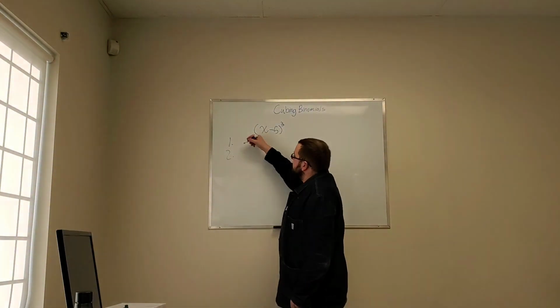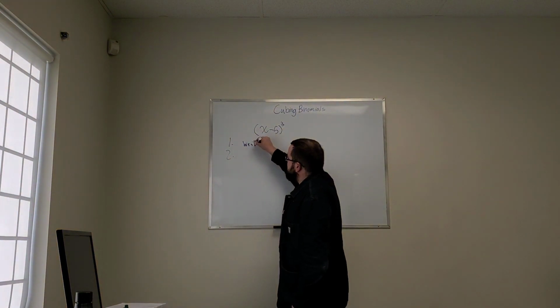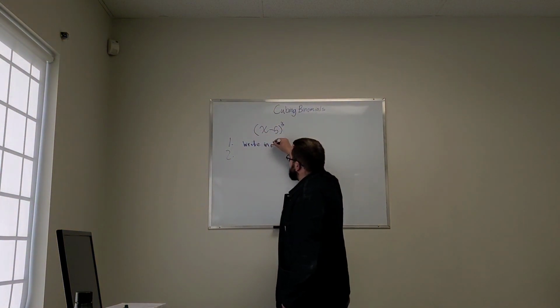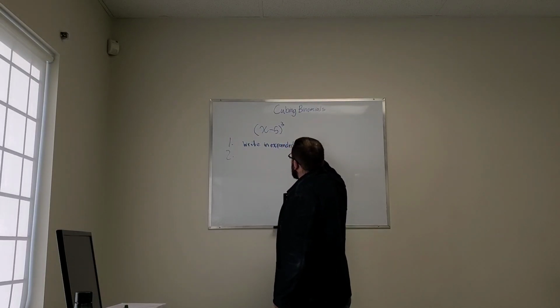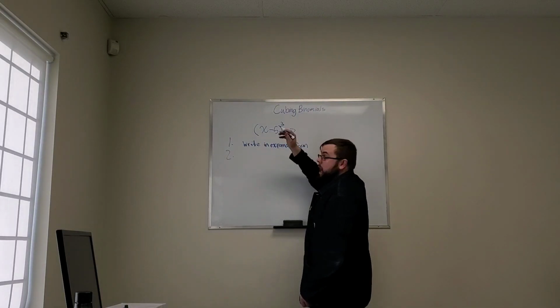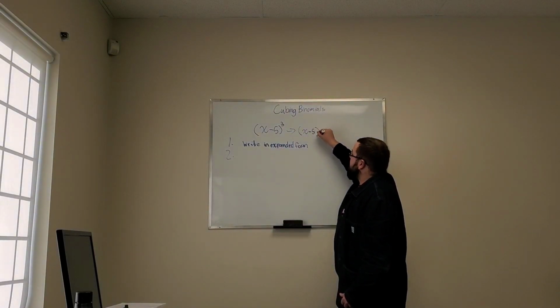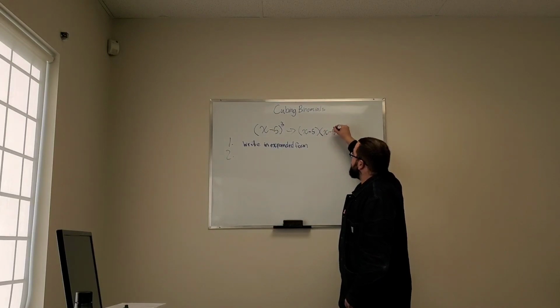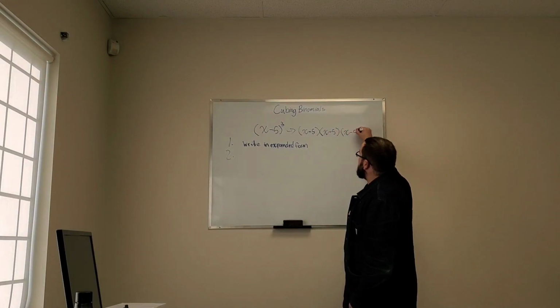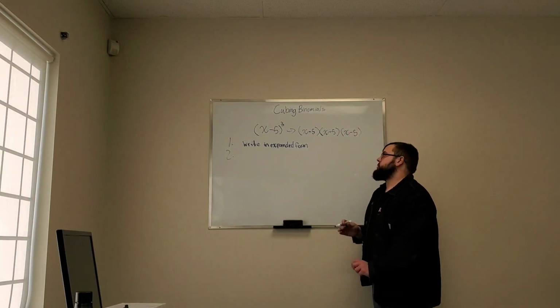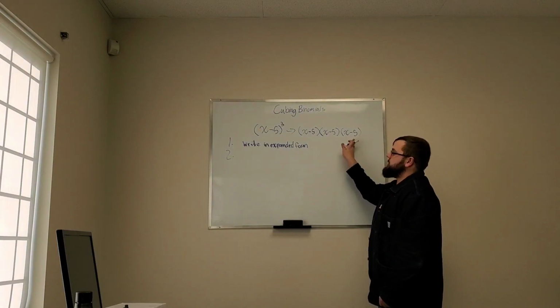Step number 1 is to write in expanded form. What this means is to rewrite x minus 5 all cubed with its 3 terms, just like that. So x minus 5 times x minus 5 times x minus 5.